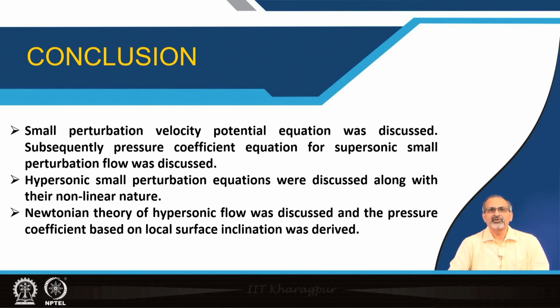Newtonian theory of hypersonic flow was discussed, and the pressure coefficient based on local surface inclination was derived. It was found to be Mach number independent, while the corresponding surface inclination result for supersonic flow was found to have a dependence on both surface inclination and the free stream Mach number.